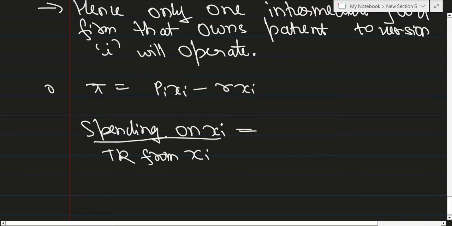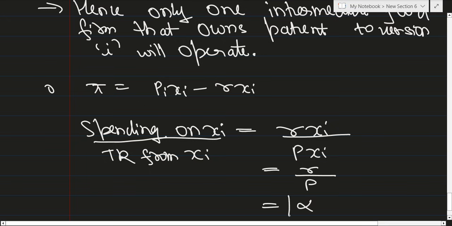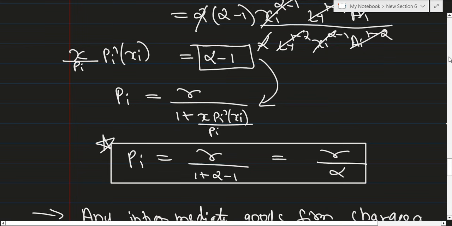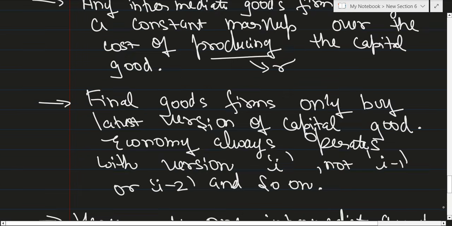This point is a bit difficult, so try to focus. Okay, so we have r into xi whole upon p into xi. So this will come out to be r upon p, which we have calculated as alpha. How is this alpha? Let's look backward. Pi equals r upon alpha, so r upon p comes out to be alpha.